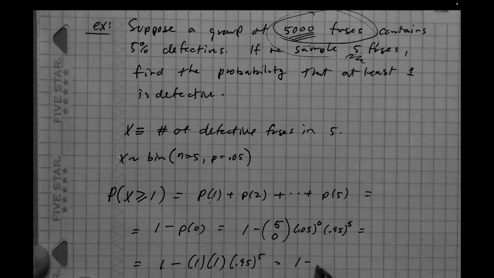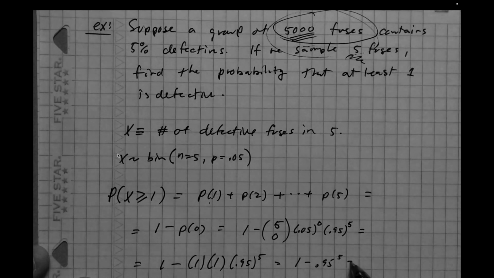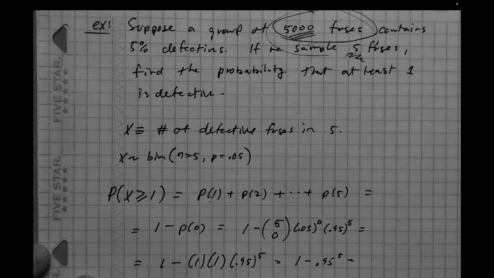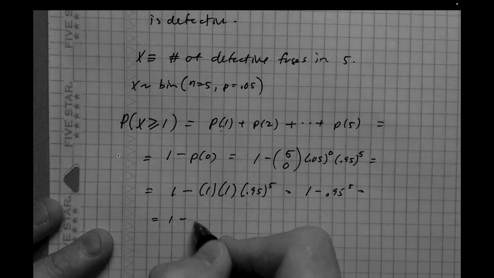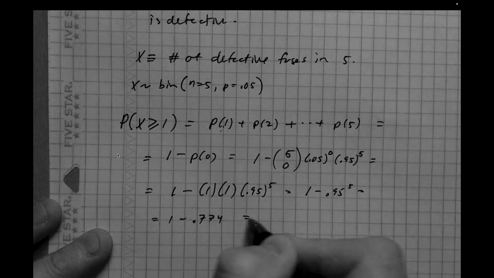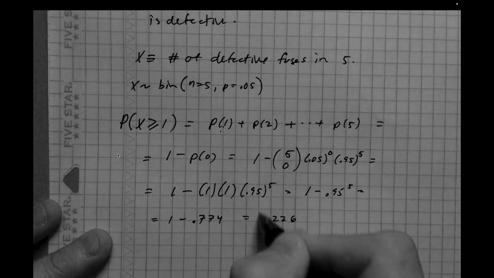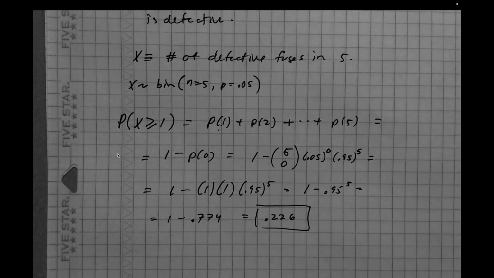This is 1 minus 0.95 to the 5th power, which is 1 minus 0.774, so this is equal to 0.226. So there's about a 23% chance, 22.6% chance, of identifying a defective fuse if I select 5 out of this batch of 5,000. Okay, very good.